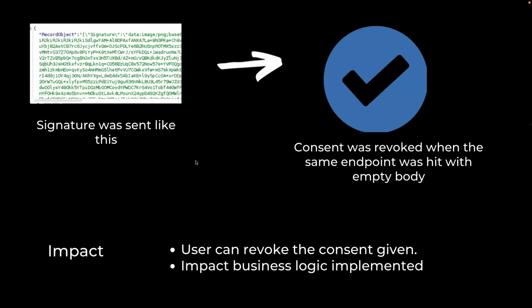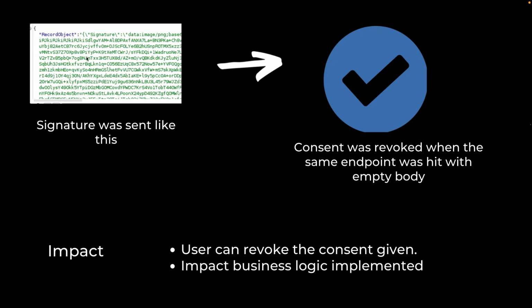But in one request, I observed that the signature was sent in the form of data. It provided you with a scratch pad, and you can scribble over there, or just put your sign in the consent form.